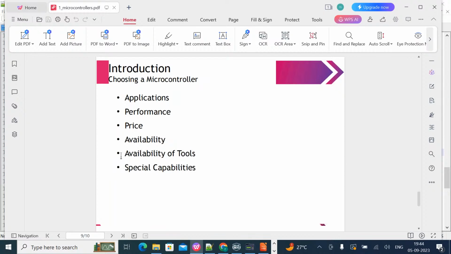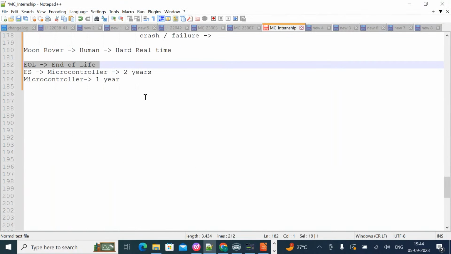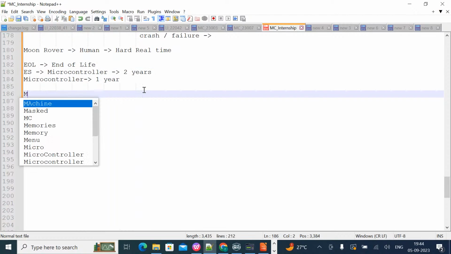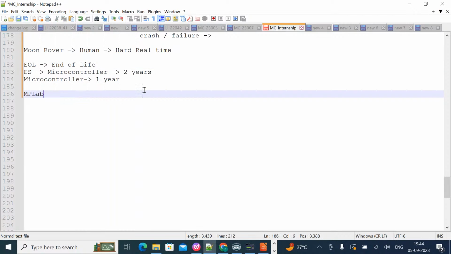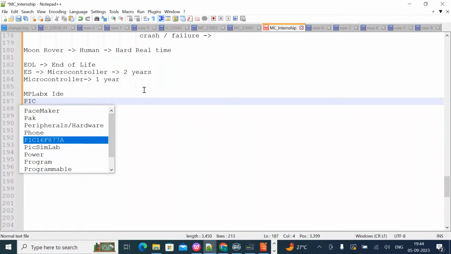Availability of tools means what? Now see here. We are going to program the microcontroller by using which tools? We are using software tools. For example, here we will be using MPLAB X IDE to write the code. Am I right? Then to see the output, we are using Proteus, right?